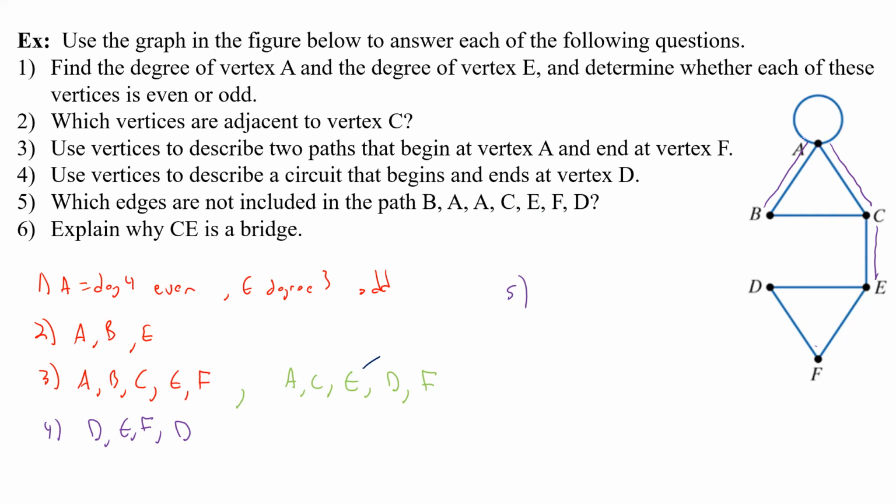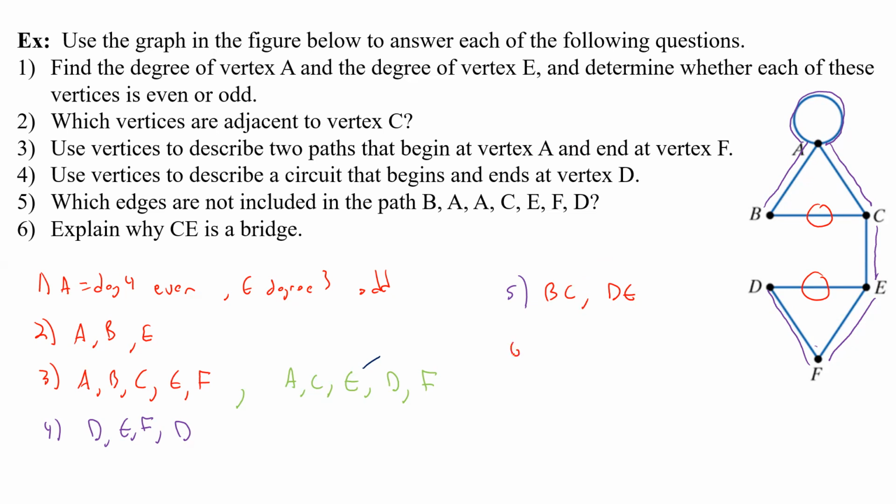We forgot we went around the loop there. That's what that A means there. Then E goes to F. F goes to D. And so now it says what edges are not included. Well, what's missing? We have this piece missing and this piece missing. So we have BC and DE are two pieces that are missing.